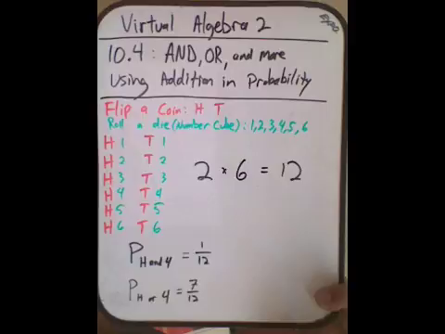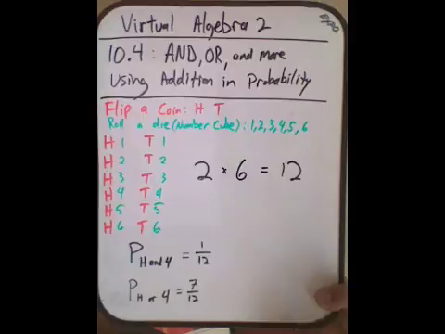With an or, either one will do. Getting a head on the coin and a 6, that satisfies heads or 4. Getting a head on the coin and a 4, well, that happens to satisfy both, so it satisfies the or. And getting a tail on the coin, but getting a 4 on the die, that will satisfy the or as well.